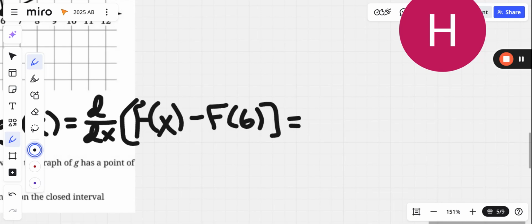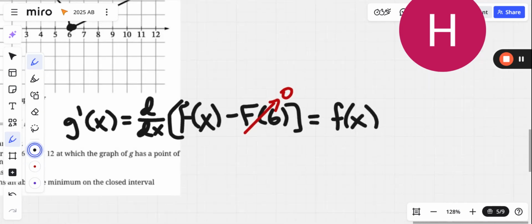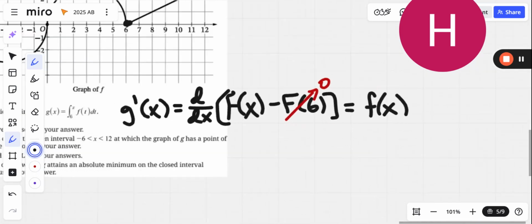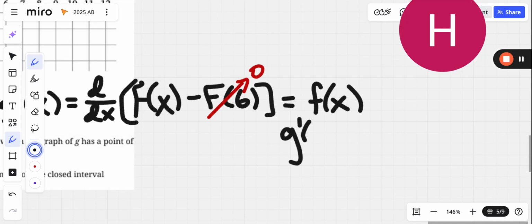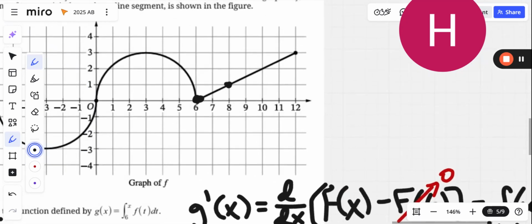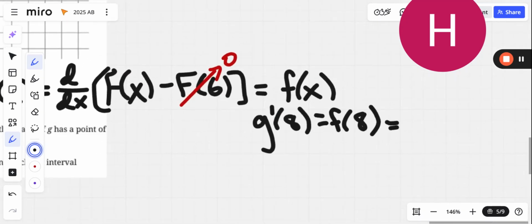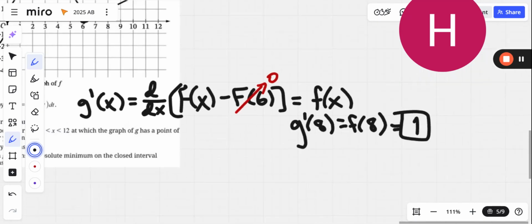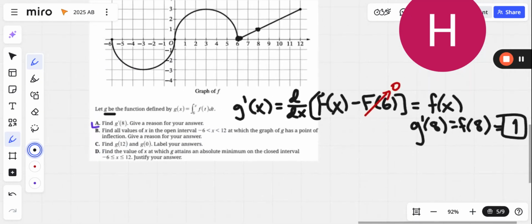Well, that's simply going to be f of x, because the derivative of a constant is 0. All right, so g prime of 8 is just going to be simply f of 8. And we can use the graph to tell us that. It's going to be 1. Very easy to knock out part A.